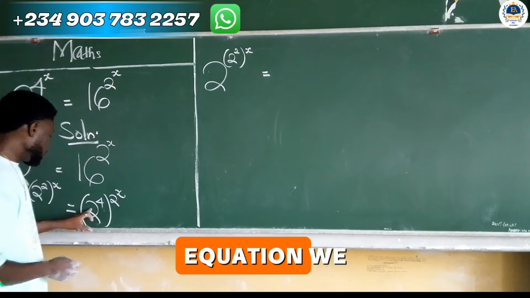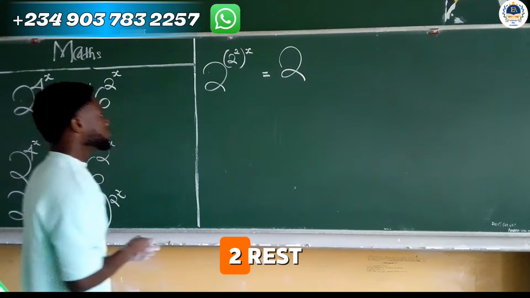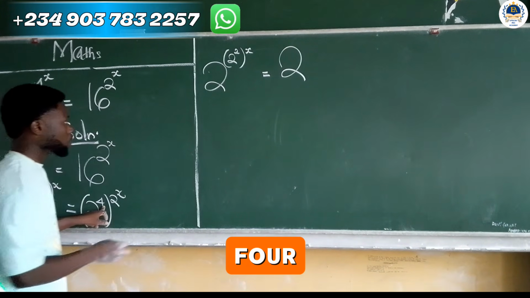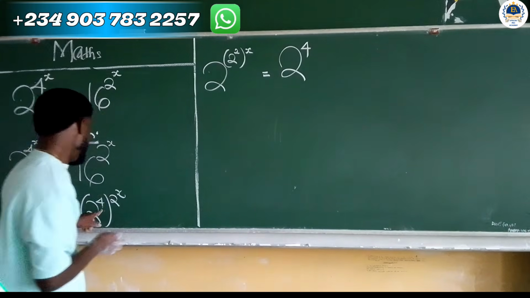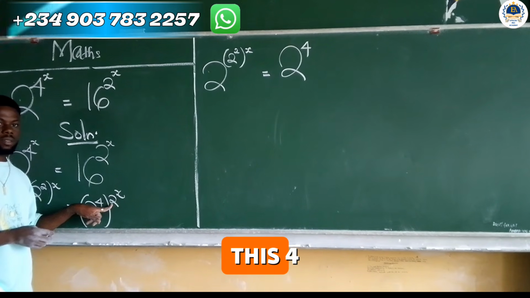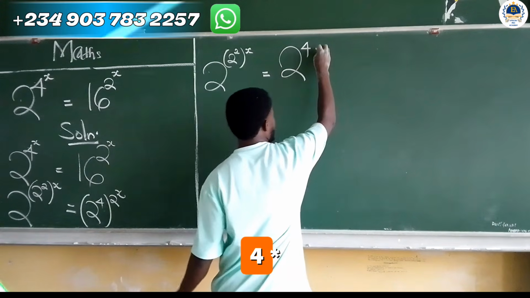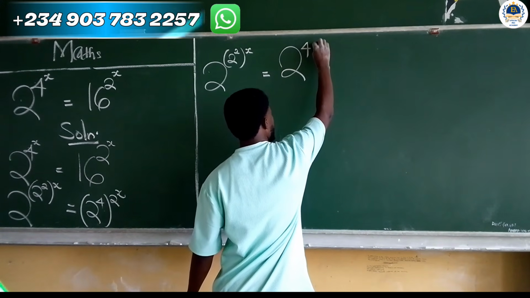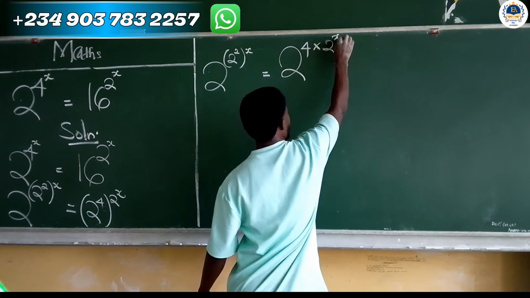So in this part of the equation, we have 2 raised to the power of 4. Then 4 times this, so that will give 4 times 2 raised to the power of x.